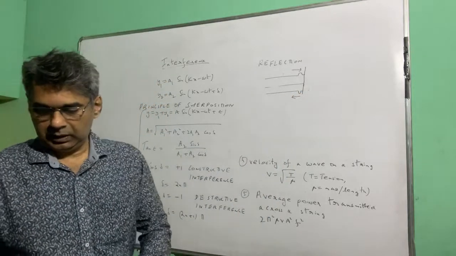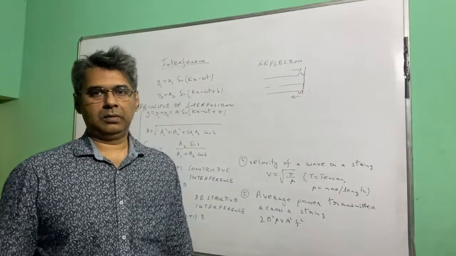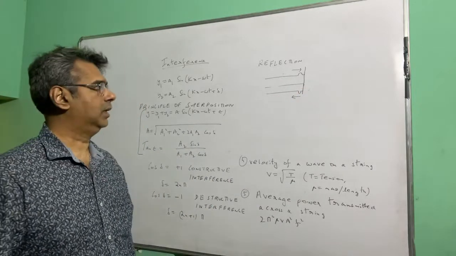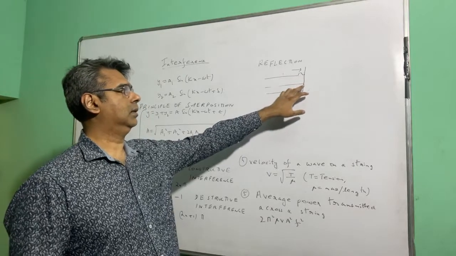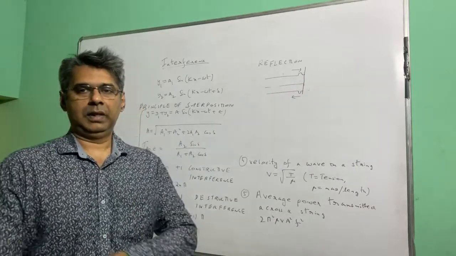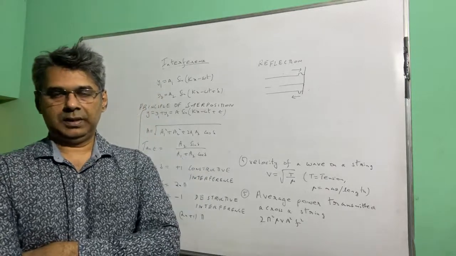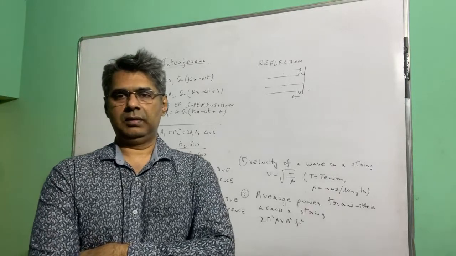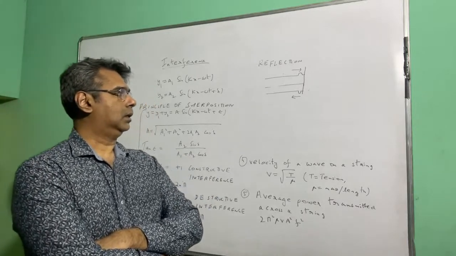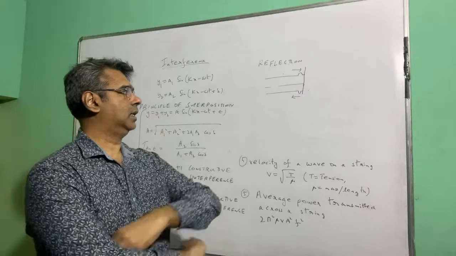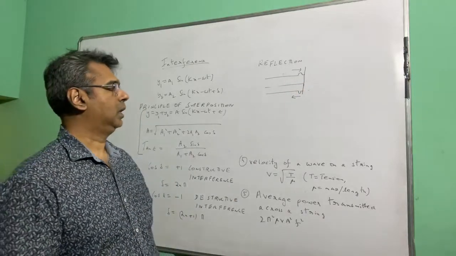Okay, the next thing is, suppose a pulse is traveling towards the wall. So the pulse will hit the wall, and at the wall we are not supposed to have any displacement, right? But the fact is that there is a pulse which is a carrier of energy which is hitting the wall.